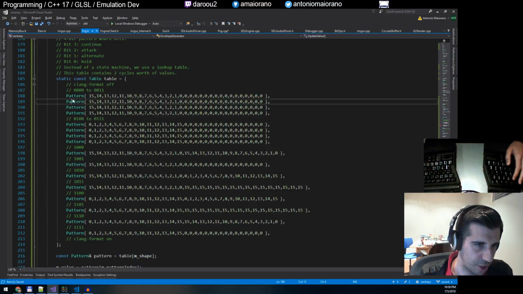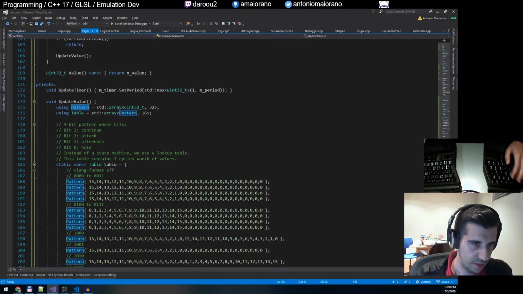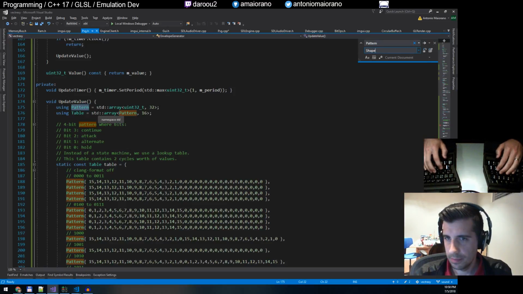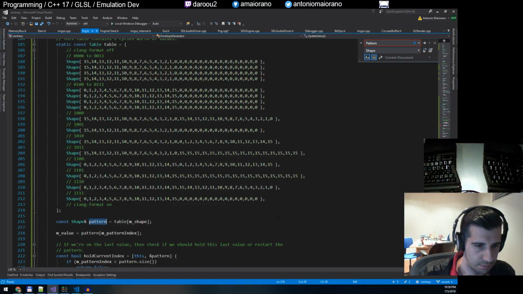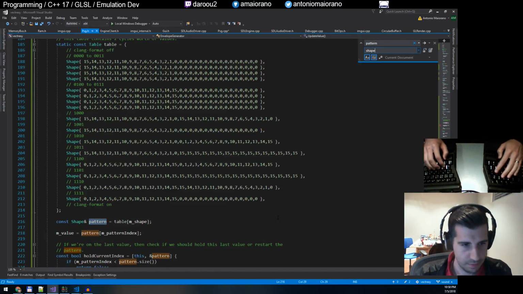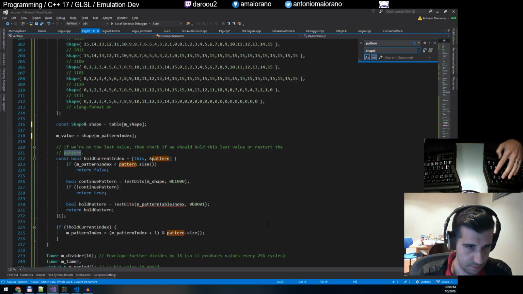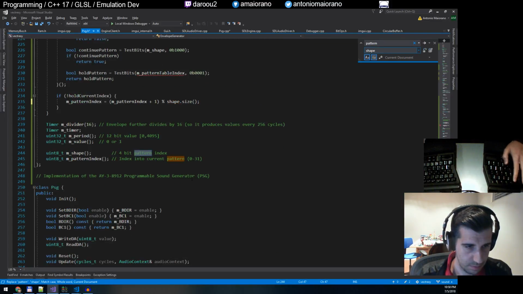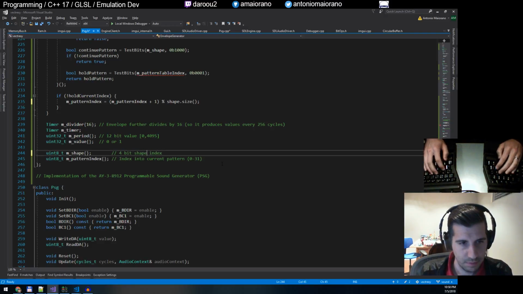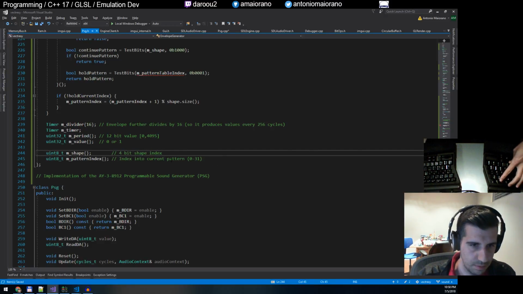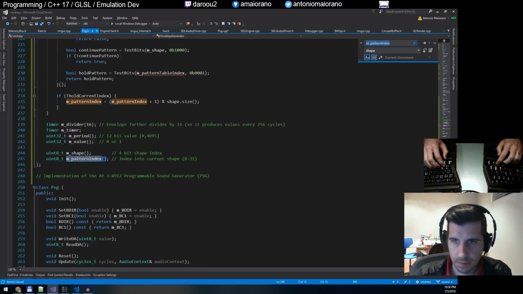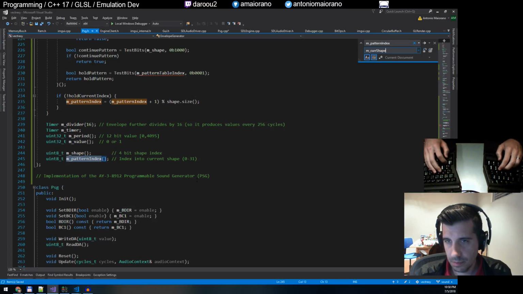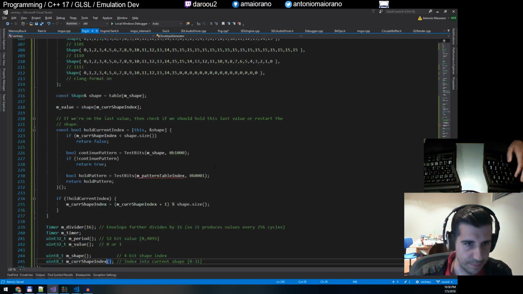And maybe this should actually be called shape. Something like that.